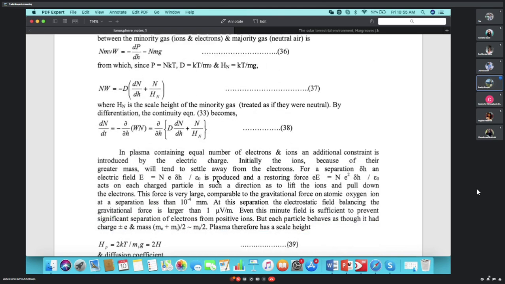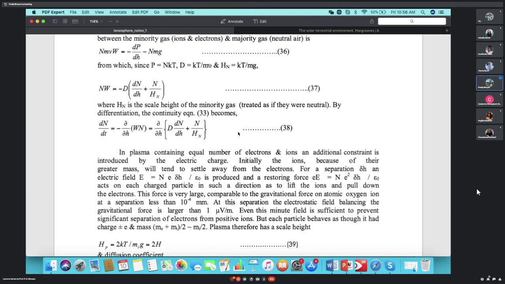So far, your continuity equation, if we are neglecting both Q and loss, production and loss, then for divergence or for transport or for motion in the vertical direction, your dn/dt becomes equal to del/del h of (dn/dh plus n/H_n).